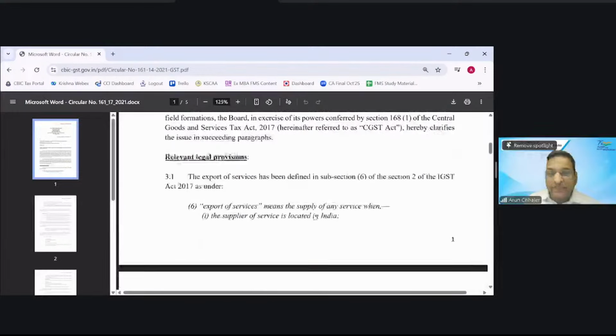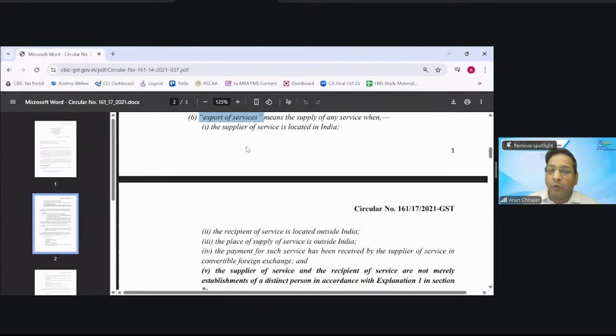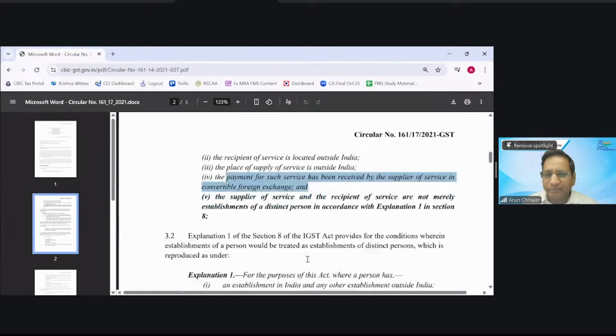clarifies. What do they clarify? They are saying that export of the service has been defined in section 2 clause 6. We all know that export of service means the supply of the service when the supplier of the service is located in India, the recipient is located outside India, the place of supply is outside India, and the payment has been received in foreign currency.